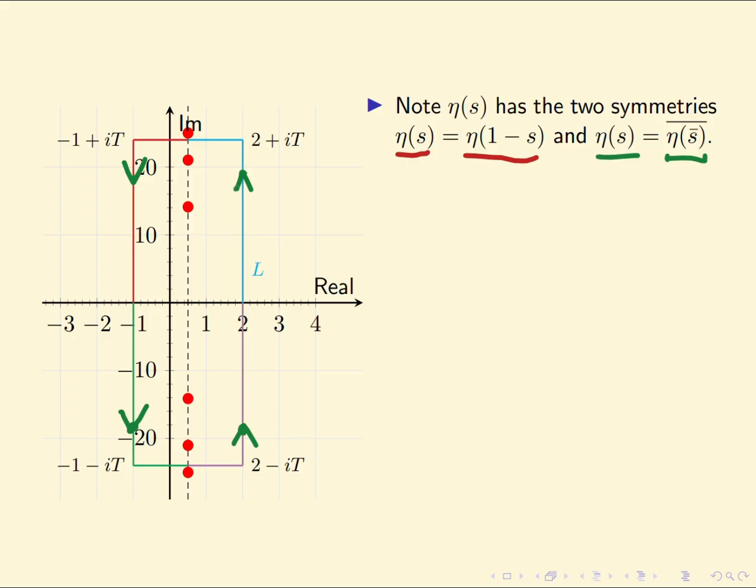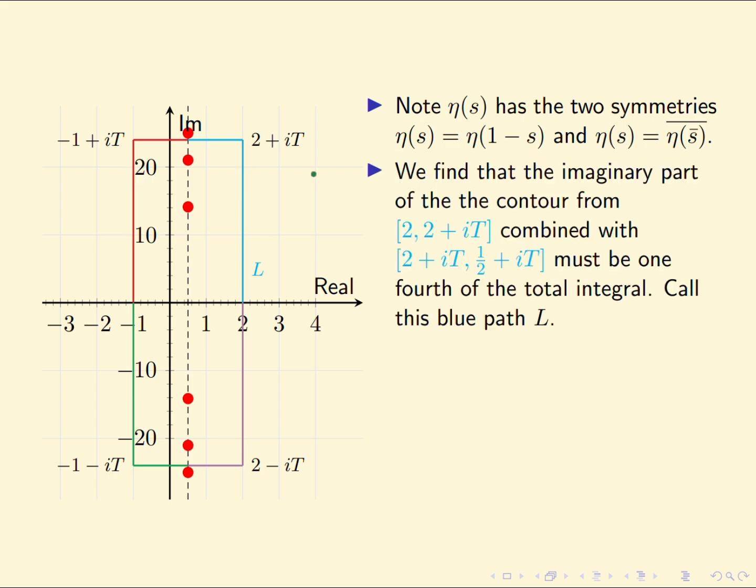And that's because I proved that the value of eta at each point here is reflected 4 ways over here and in the correct direction. So there's no negatives canceling each other out. So I'm going to call this one L, the blue one. We're going to ignore the other 3 for the rest of the video.